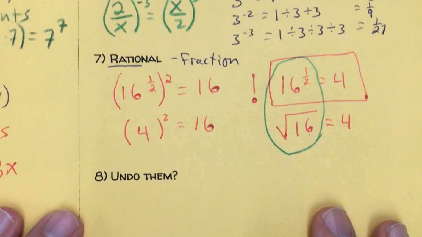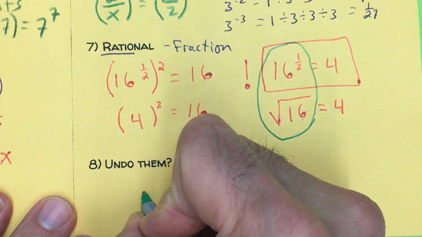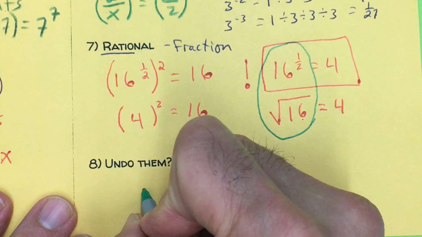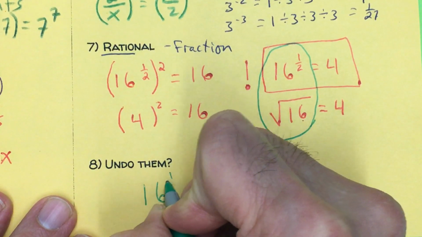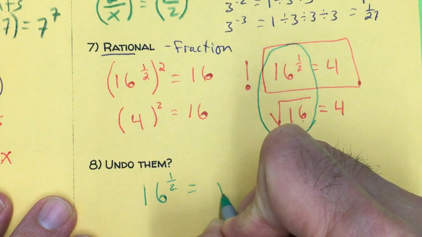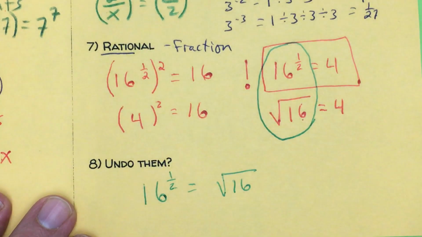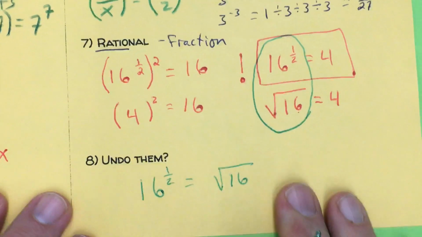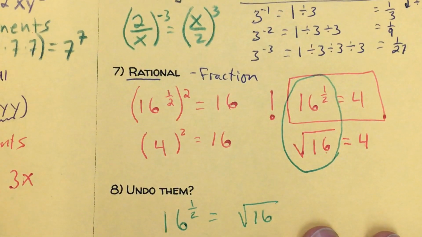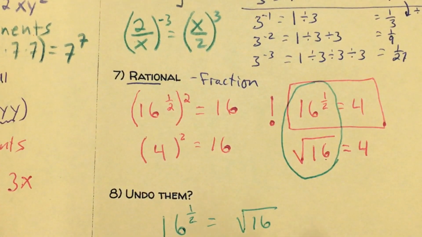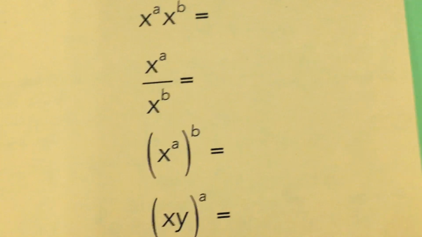Here we go. That's what we got at the bottom. 16 to the 1/2 equals the square root of 16. Go to the front page. We'll talk more about this in a minute. Go to the front page.